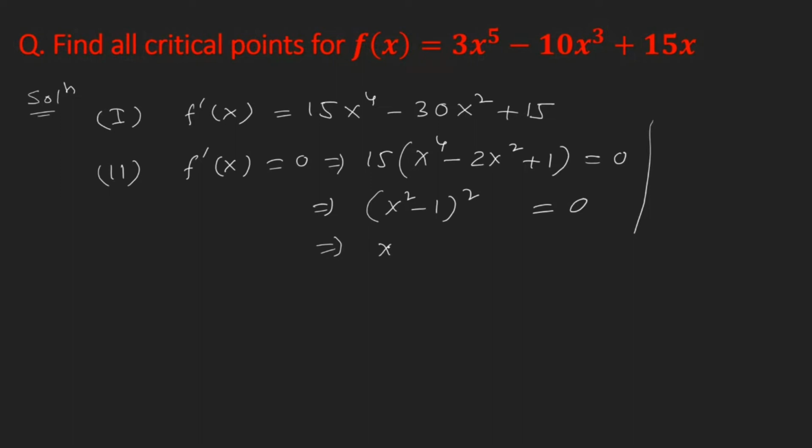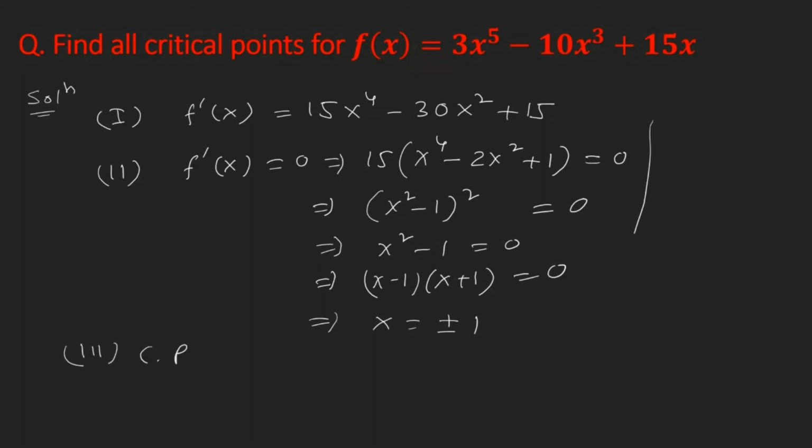This implies x square minus 1 is equal to 0, which is further (x minus 1)(x plus 1) is equal to 0. So this implies x is equal to plus minus 1. Step 3, critical points are plus minus 1.